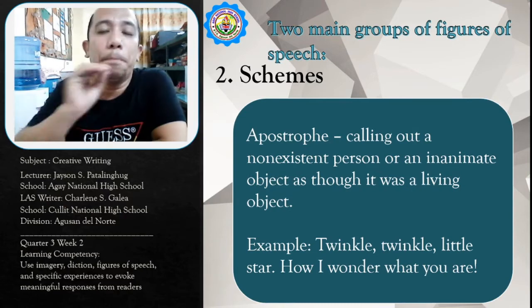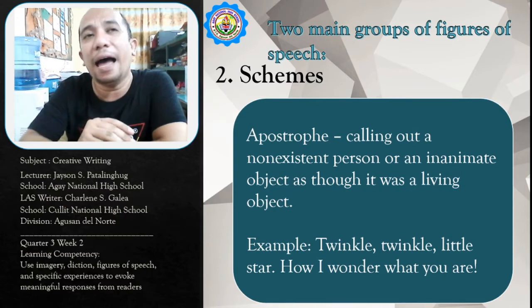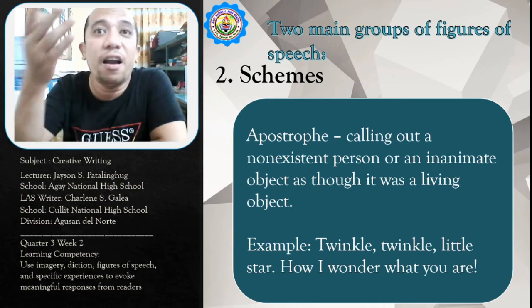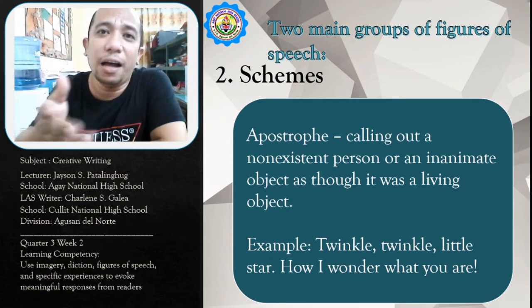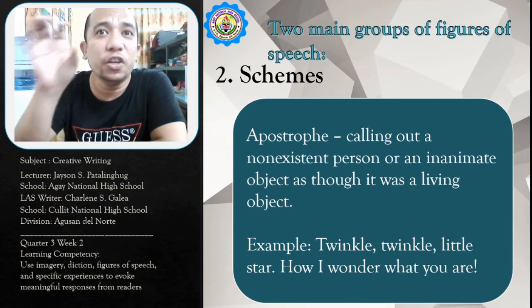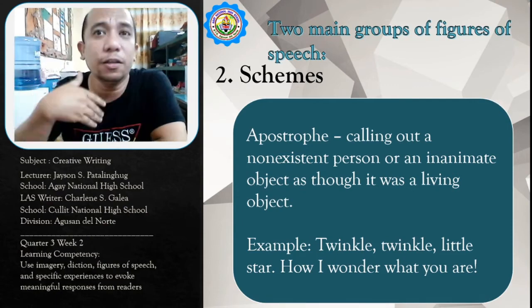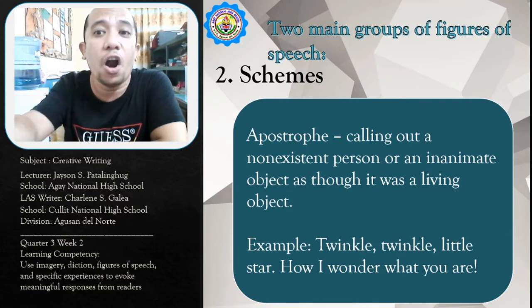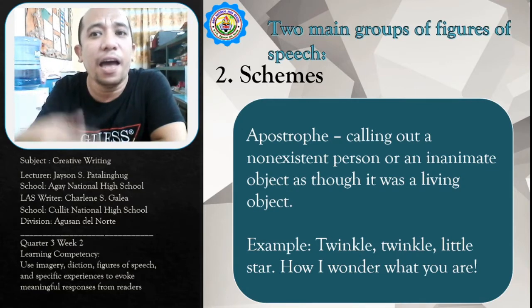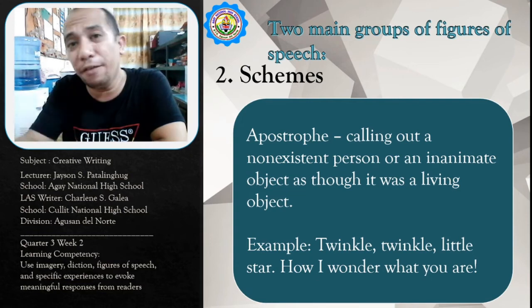Okay, next, apostrophe. Now, apostrophe is when you call out a non-existent person as if they are there. The person is not there, but you're talking to them as if they are present. Or an inanimate object as though it was living.